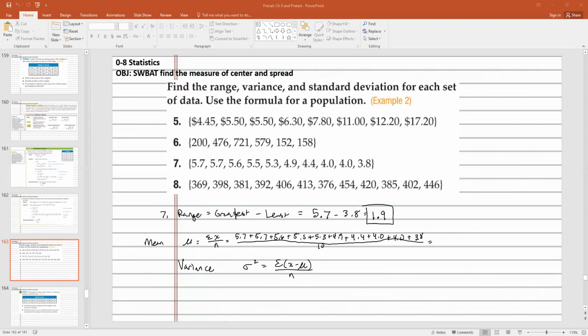So go to desmos.com. Make sure to put parentheses. 5.7 plus 5.7 plus 5.6 plus 5.5 plus 5.3 plus 4.9 plus 4.4 plus 4 plus 4 plus 3.8.